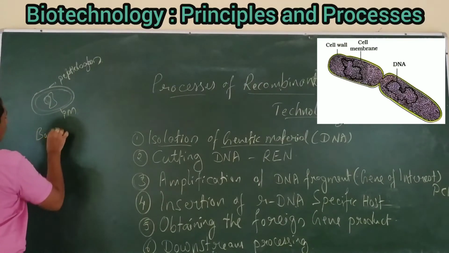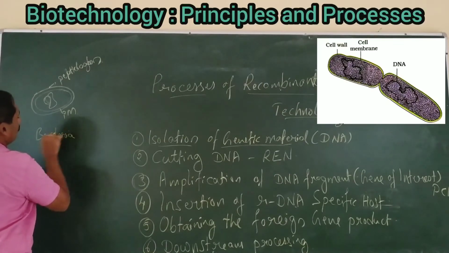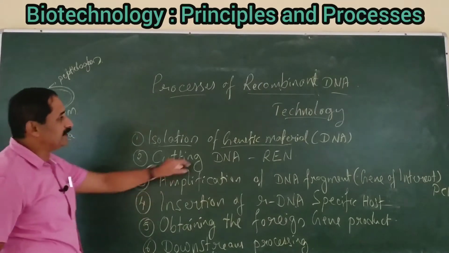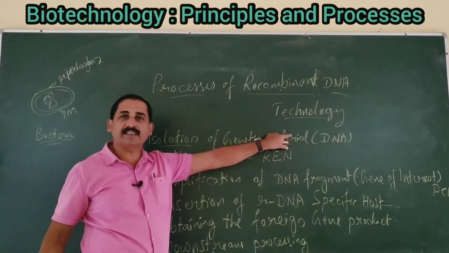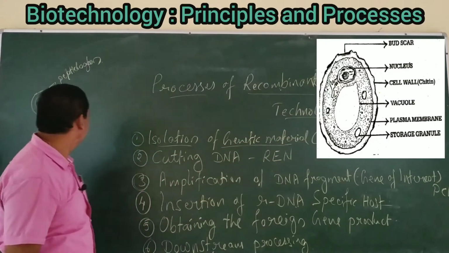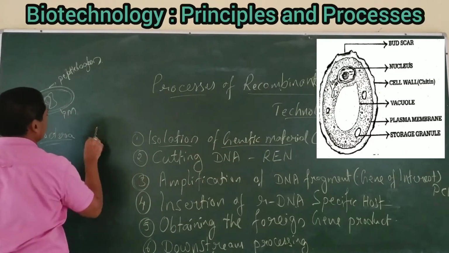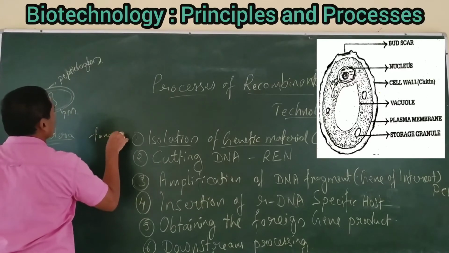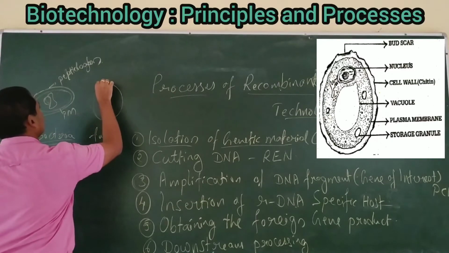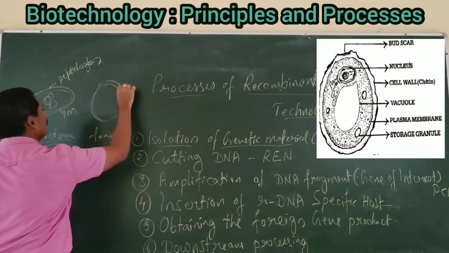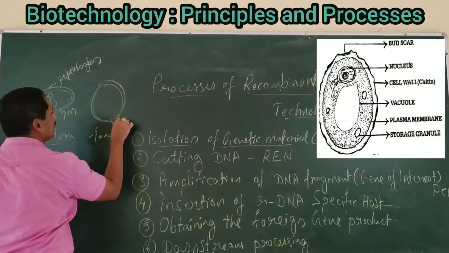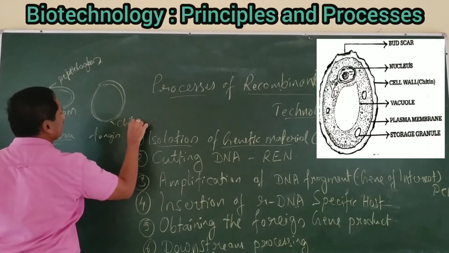If the target gene or gene of interest is present in a fungus, you have to separate the cell wall, which has chitin as its wall material.